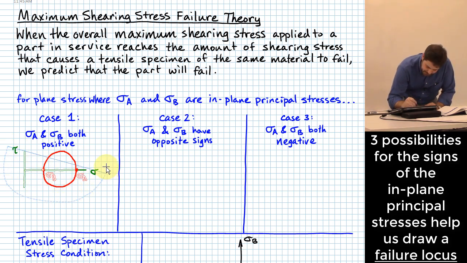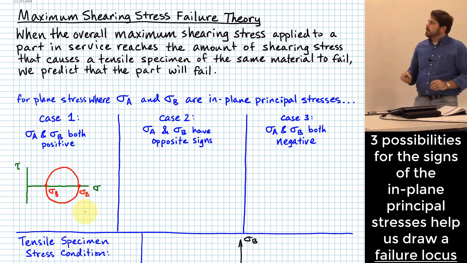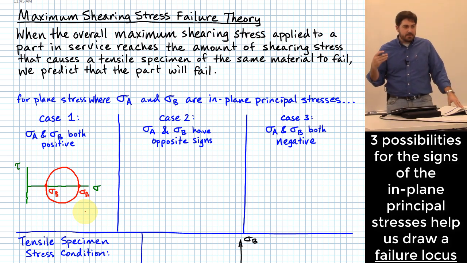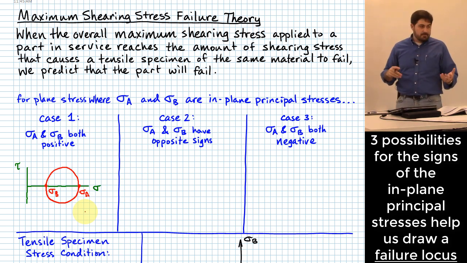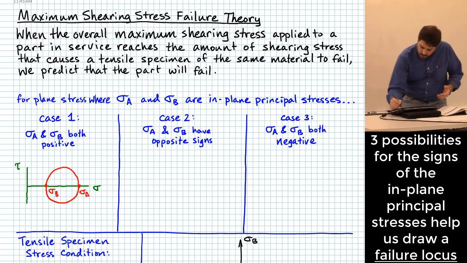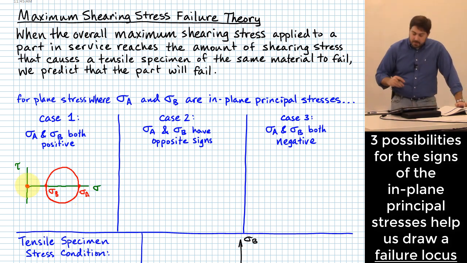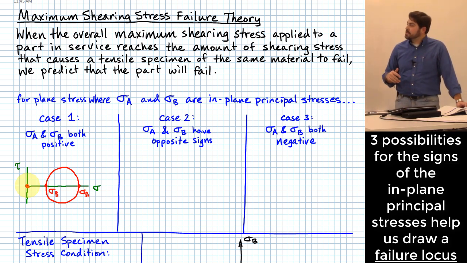Okay, so that's where we would start, but the radius of that circle does not yet describe the shearing stress that would be the maximum overall shearing stress, because why? You have one more principal stress, and because it's plane stress that we're talking about here, that third principal stress is going to be 0, right?